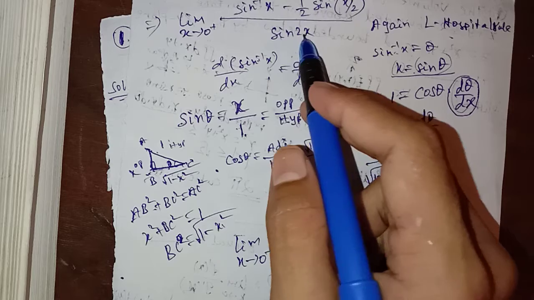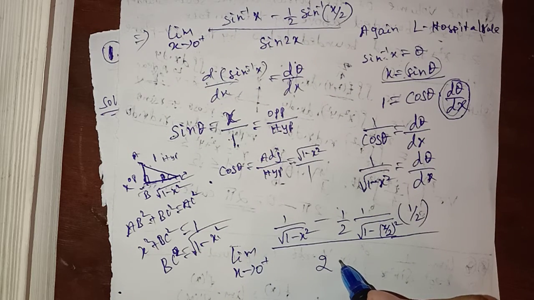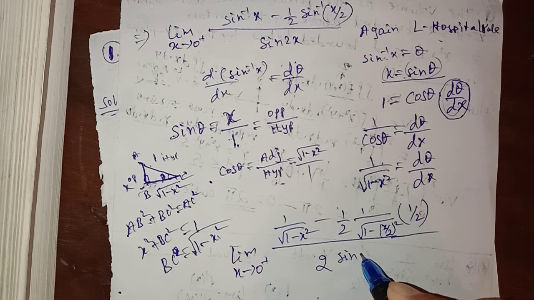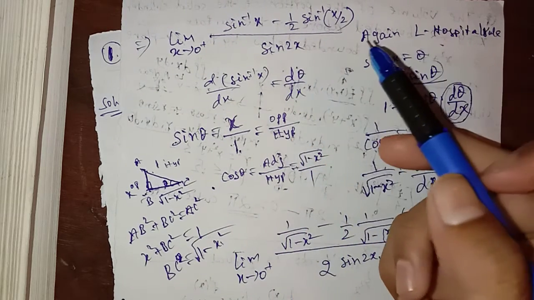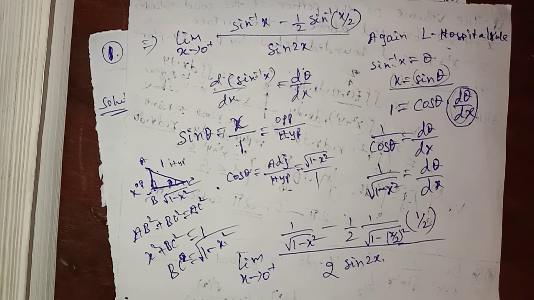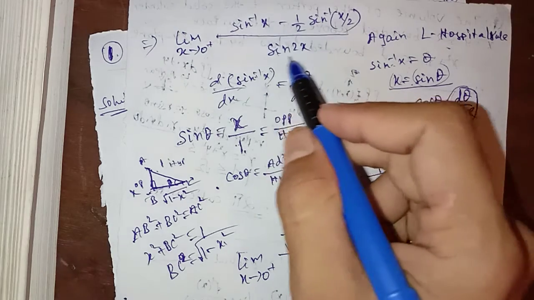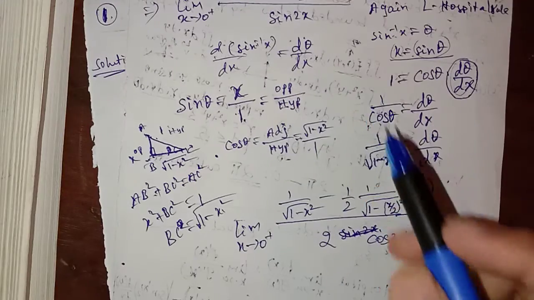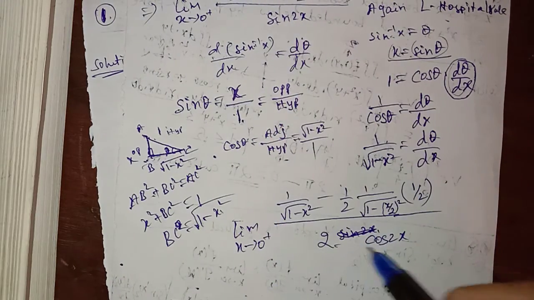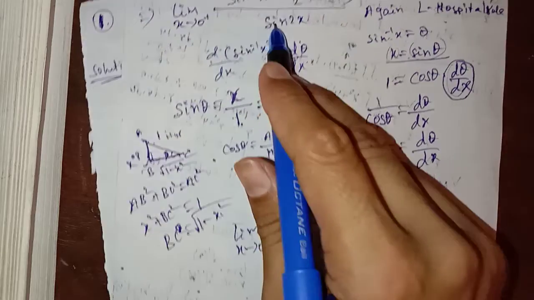Divided by differentiation of sine 2x, which is 2 cos 2x. Differentiation of sine 2x means 2 cos 2x.